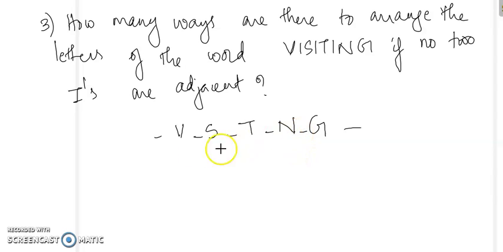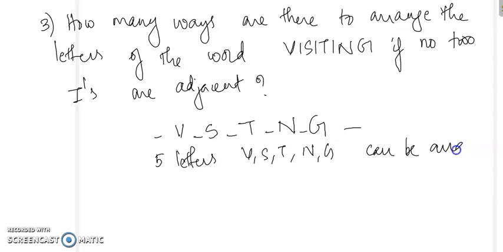And now the 5 letters V, S, T, N and G can be arranged in 5 factorial ways.